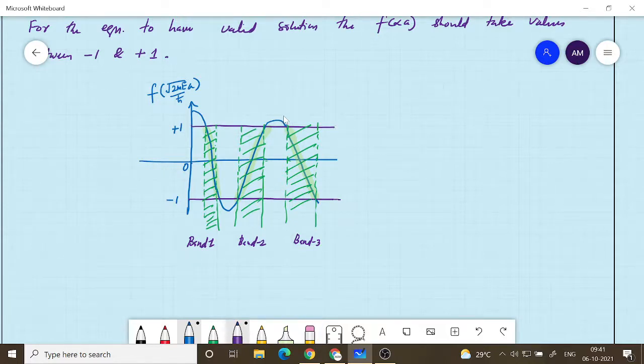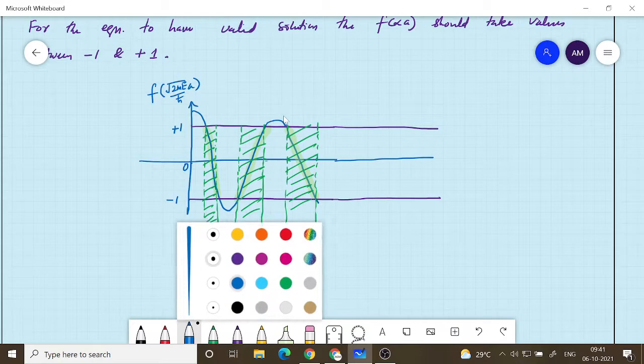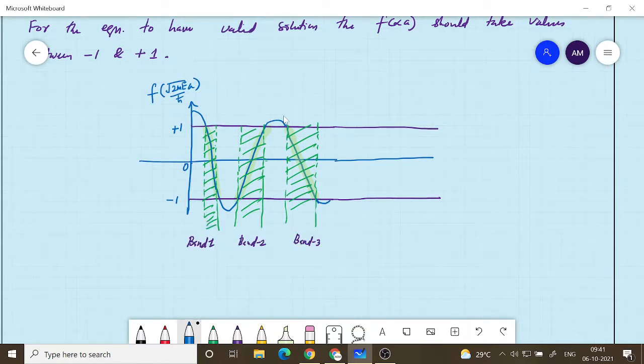Okay, so this is our -1, and this is our +1, and then we have the middle region. So what I mean to say was this peak will be shorter and shorter as you go, like this, and then you have this taking a longer period.